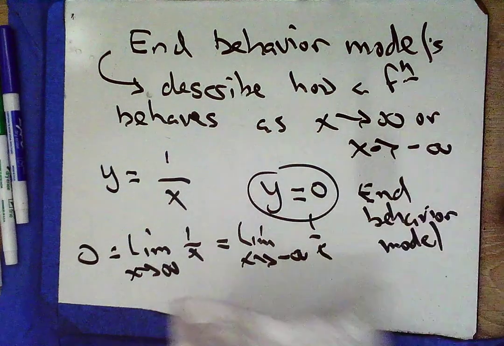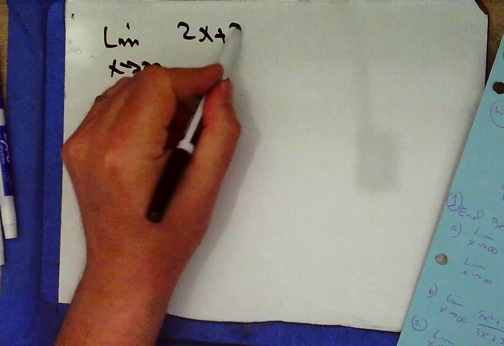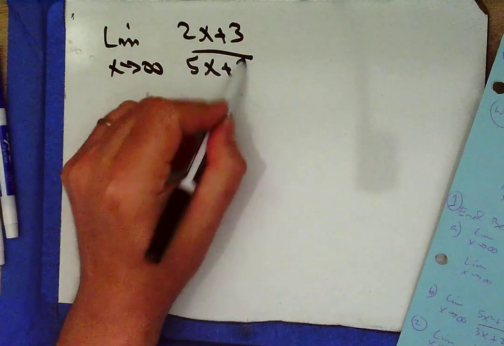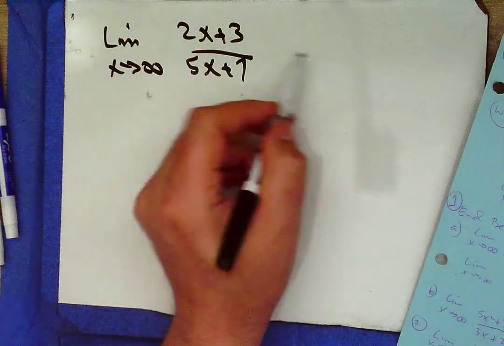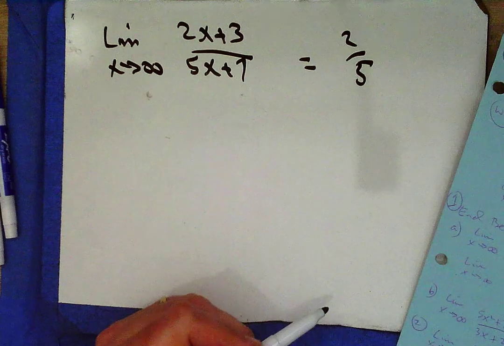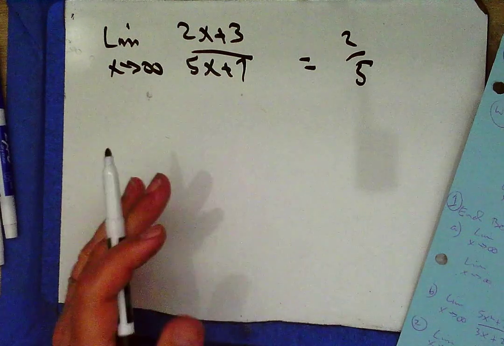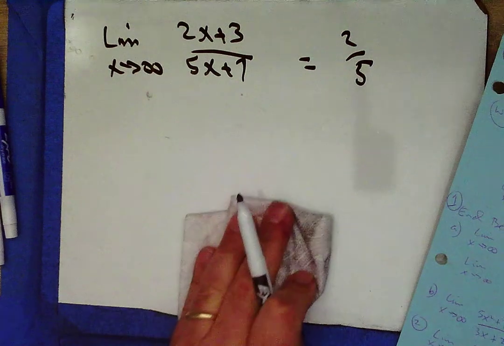Now, in our class, it's calculus, and it's not pre-calc or Algebra 2. So when I'm asked to say, hey, what's the limit as x heads to infinity of 2x plus 3 over 5x plus 7, I'm not allowed to say 2/5 like that. That's considered a bald answer, and I don't have any evidence. There's no work shown.